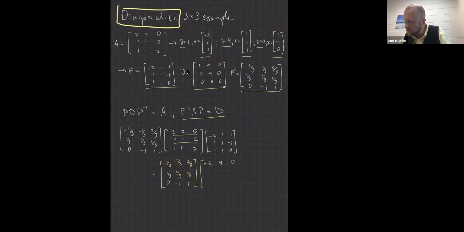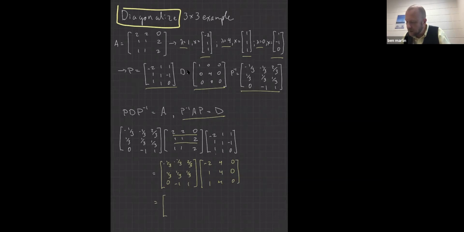And so you get -2 plus 1 is -1, and then plus 2, so +1. And then the 1, 1, 1, so you should get 4 of that. And the 1, -1, 0, you should get 0 out of that. And since the next row is the same, you better get the same thing.